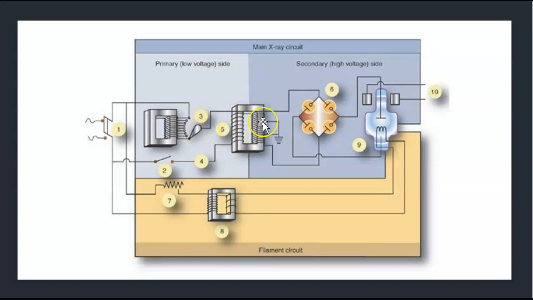Then we've got here our step-up transformer. This right here is our mA meter. Then we have our rheostats, and we've got a resistor, which is our rheostat right here. Then we've got a step-down transformer. So it's kind of a weird diagram. Right here, this is our stator on either side, and this is our cathode and our anode. All right, kind of a funky picture.